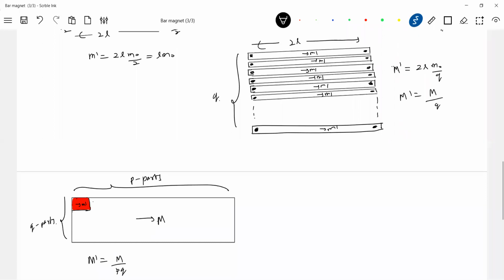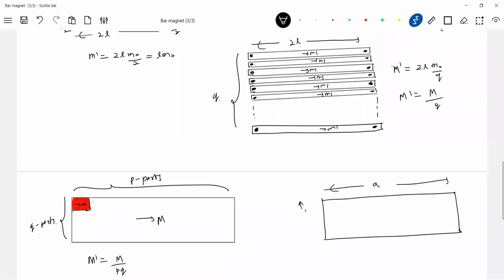Sir, why are we doing this? In some applications, the bar magnet is taken as a 3/4 part or 1/4 part, so we should be in a better position to calculate the dipole moment of the remaining part. That's the type of question you can encounter in the exam. If there's a bar magnet, this length is say A, this is B, and they'll give the pole strength M naught.